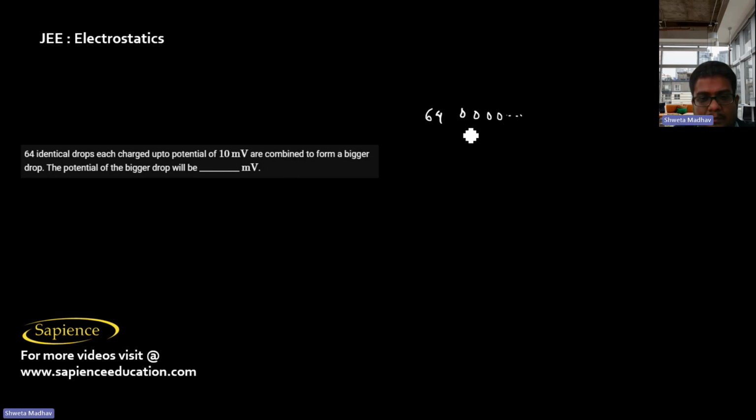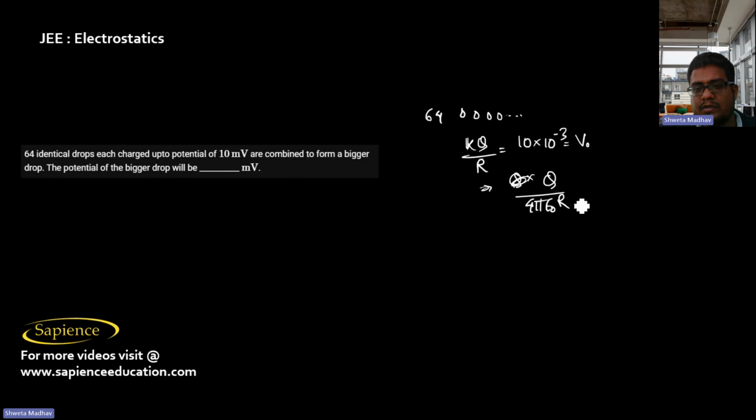So now we know that KQ by R will be equal to 10 millivolt, just 10 into 10 power minus 3 volt. Let's call this V naught. So Q by 4 pi epsilon naught R is equal to V naught. So each drop has charge 4 pi R epsilon naught V naught.